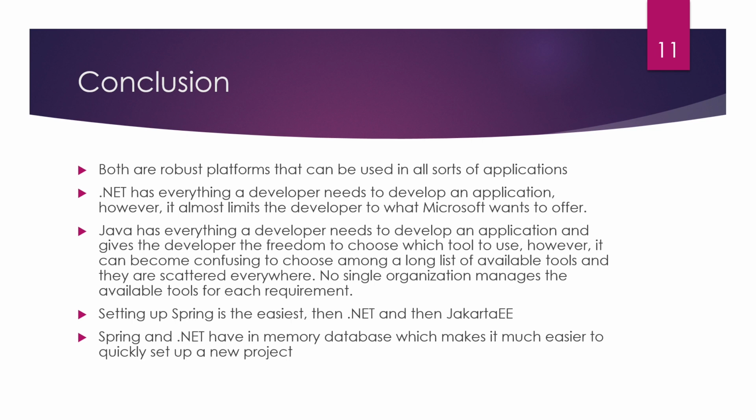For Java, it's quite the opposite. Almost everyone can participate in adding a library, or a lot of people can add JSRs to add a feature to the Java platform itself. And sometimes it can get confusing. For example, for everything that you want to do, you will have a countless number of libraries that you can choose, and you don't know if you can trust those libraries or not.